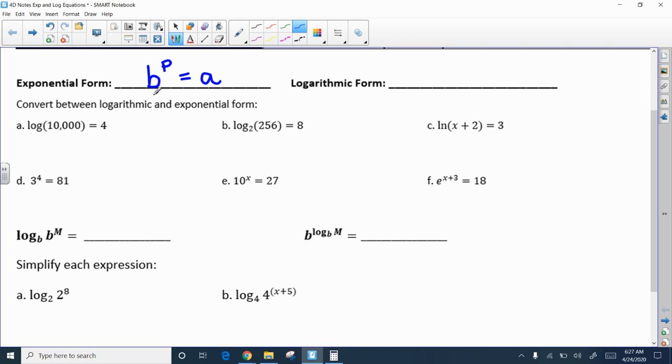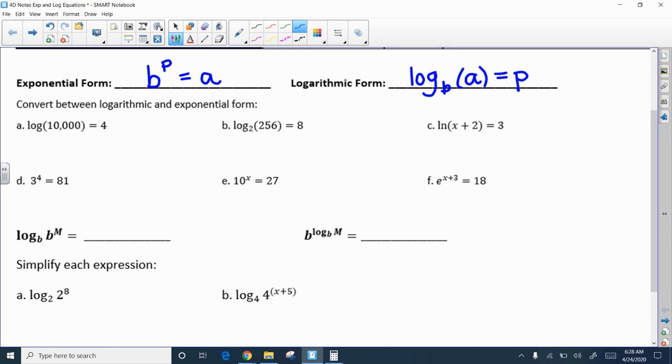So that's exponential form, b to the p power equals a. And logarithmic form is log base b of a is equal to p. These are equivalent forms. If the b, the p, and the a are all the same numbers, these two expressions would both be true or both be equal.